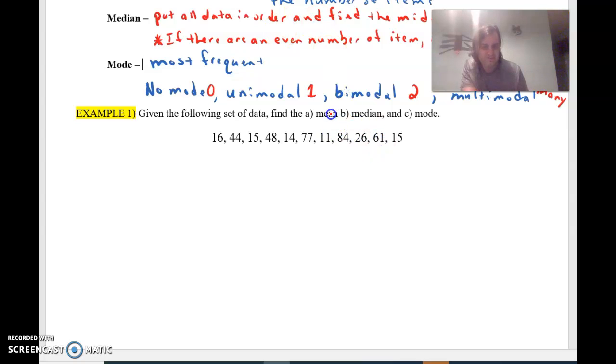We don't have to put them in order for the mean, but I'm going to go ahead and put them in order since that's going to be the main objective in doing some of this. Looks like the smallest number is 11. Then the next one is 14. Then I see 2 15s and a 16. So right now we're working with mainly small numbers.